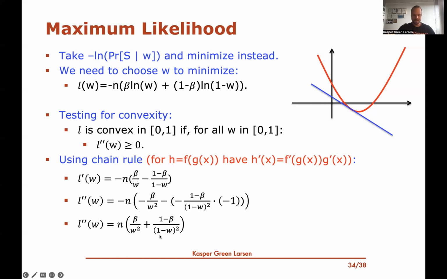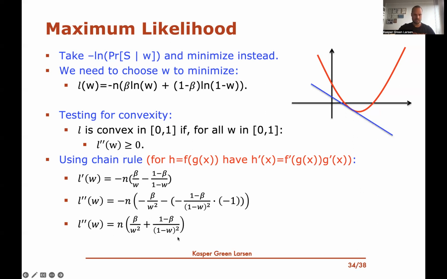But actually, if we look at this expression as a function of w, we know beta is the fraction of heads, so beta lies between 0 and 1. So both of these numerators are non-negative. n is non-negative. And down here in the denominators, we have w squared, and over here, we have 1 minus w squared. Both of these are squares of some numbers, so regardless of whether w happens to be positive or negative, this is a non-negative number.